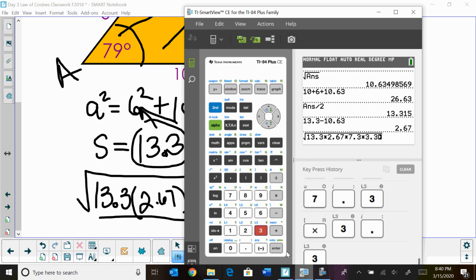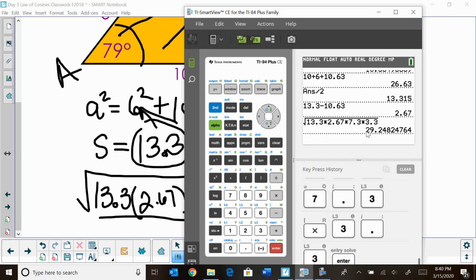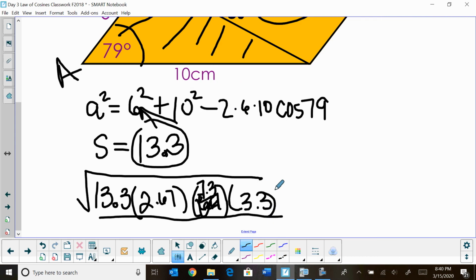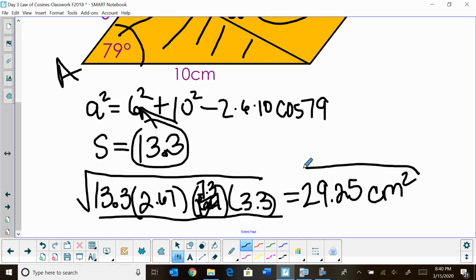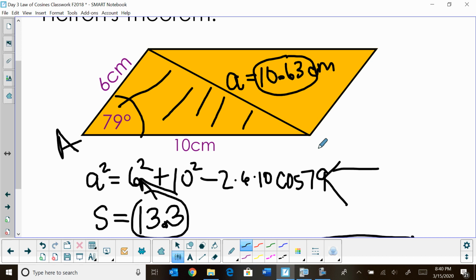And I've already taken the square root, so this will be the area, 29.25 square centimeters. So that's how you can use, actually we use two things there. We use the law of cosine to find that diagonal, and then once we found the diagonal, we could find the area of the triangle.